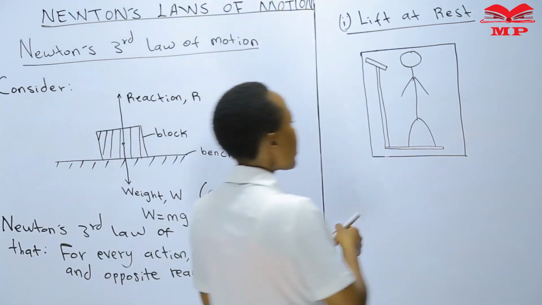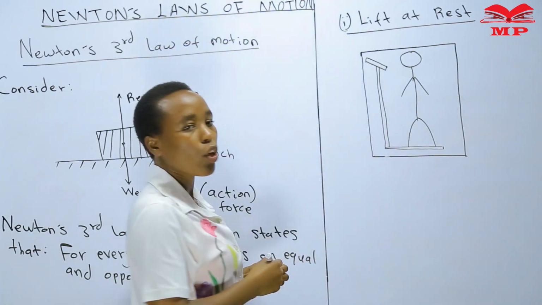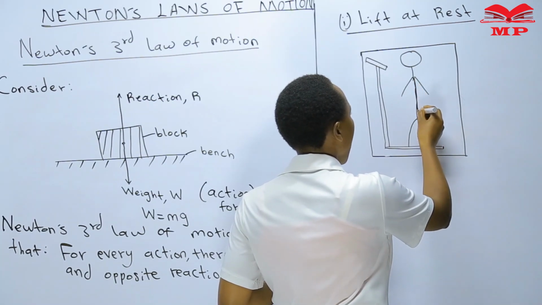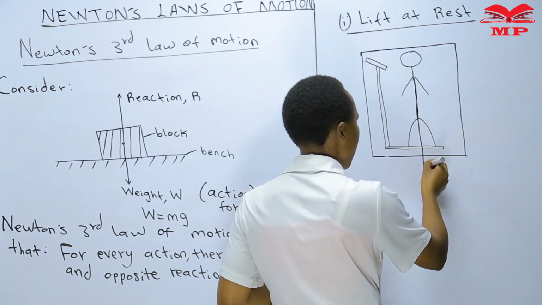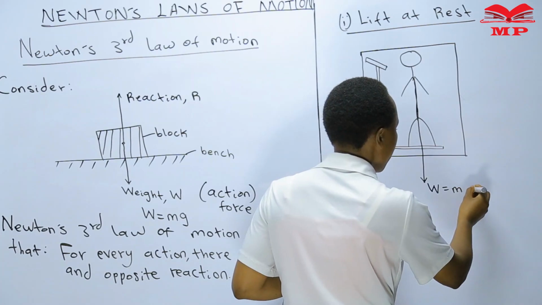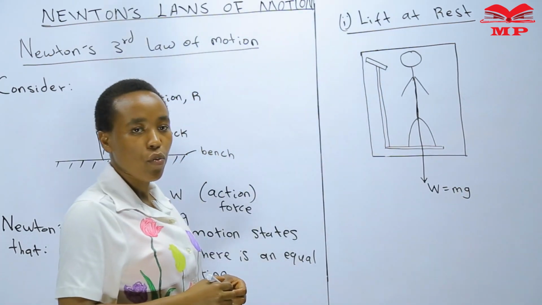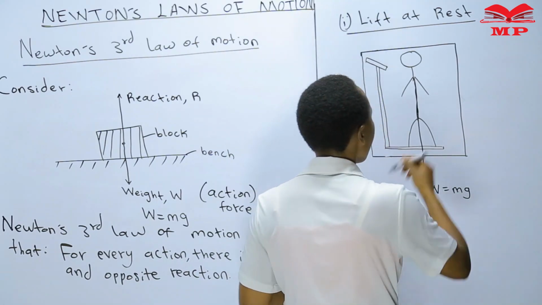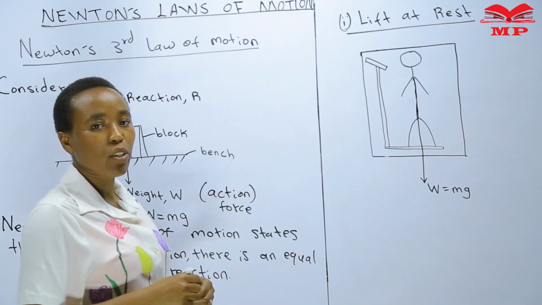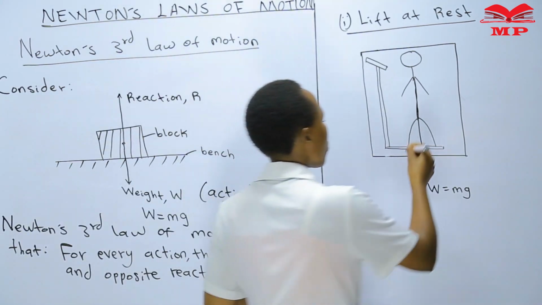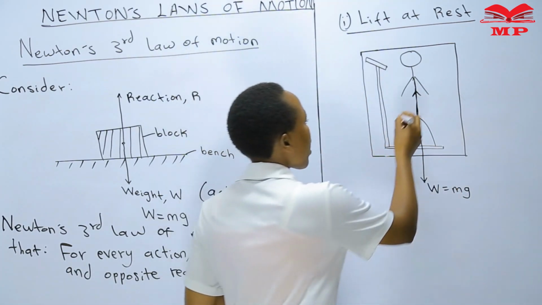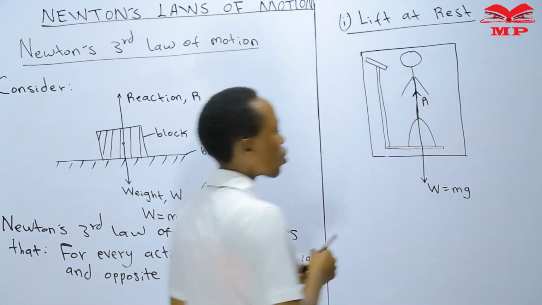When the lift is at rest, remember this body is not in motion, and therefore we'll have the weight of the body acting on this lift, which is given by mass times the gravitational force. And from Newton's third law of motion, for every action there is an equal and opposite reaction. So we'll have a reaction force there.